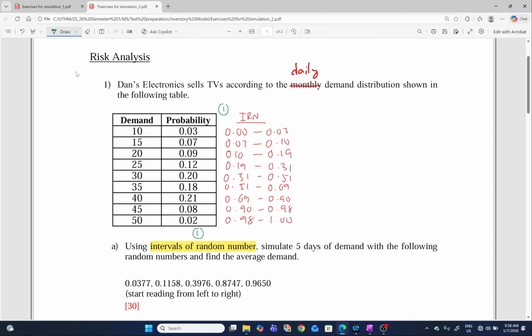The second one is we're going to do 5 days of demand. This is the second one I'm going to do here.